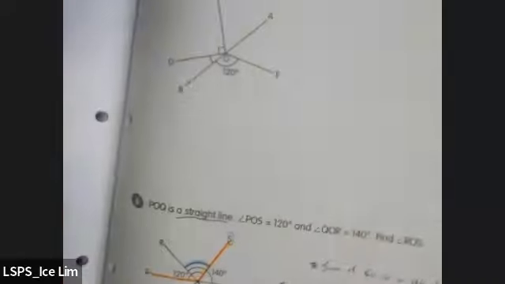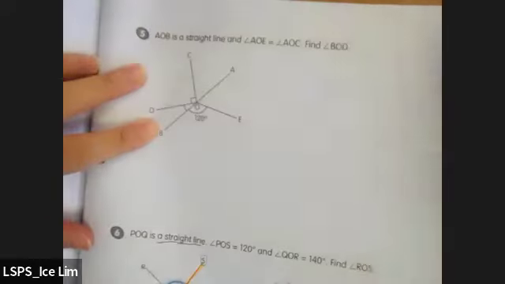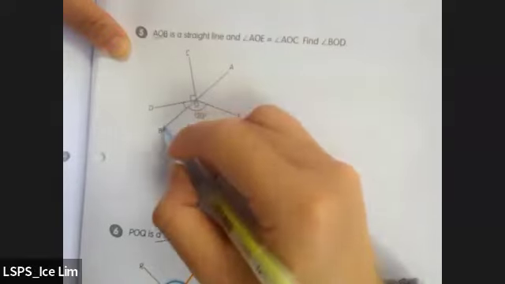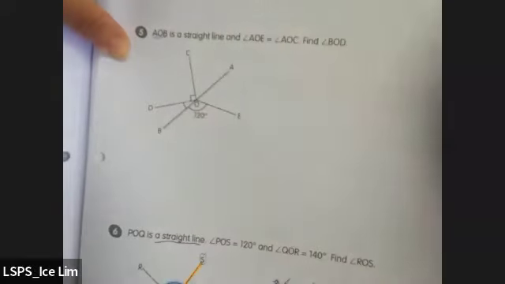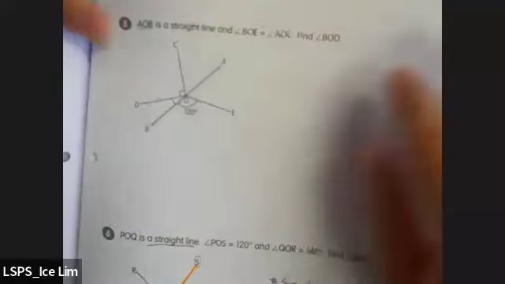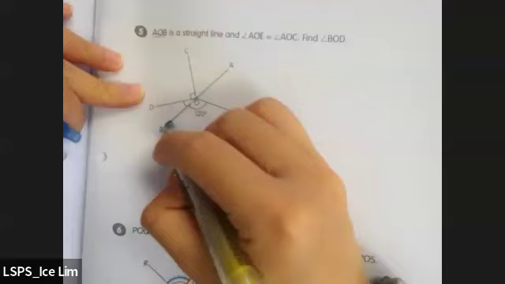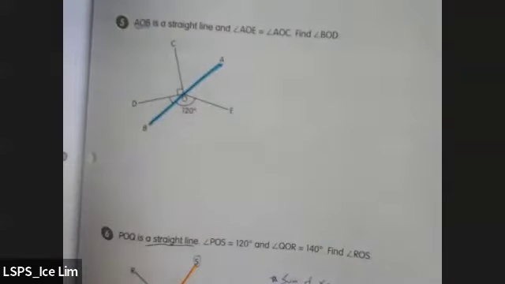Okay? So at question 5 here, we have AOB is a straight line. Then you have two angles that are the same, AOE and AOC.